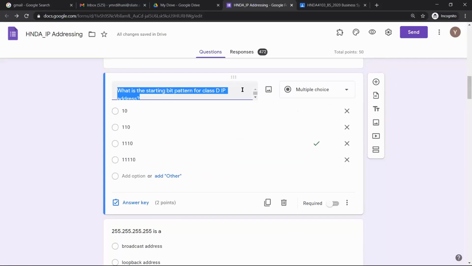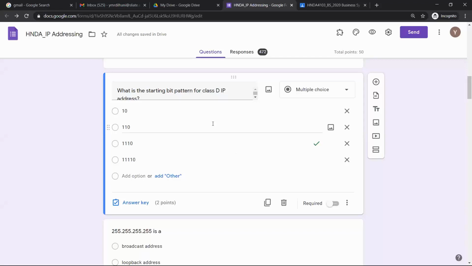And here you have IP address classes. This is given in your LMS note as well. There are different classes named class A IP addresses, class B, class C, as well as class D IP addresses. There are certain patterns that an IP address starts with. A addresses start with a specific pattern, B addresses start with a specific pattern, like that.